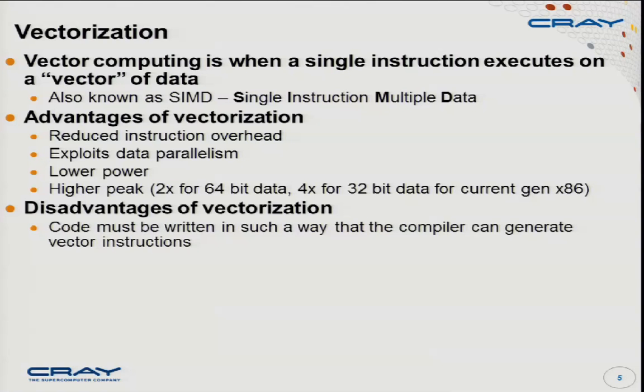The disadvantage of vectorization is that the code must be written in such a way that the compiler can generate vector instructions. Yesterday, Chris said you can do your own AVX intrinsic stuff. That is relatively rare in the community. You really have to have a kernel that takes a long time and a reason to believe you have the ability to beat the compiler.